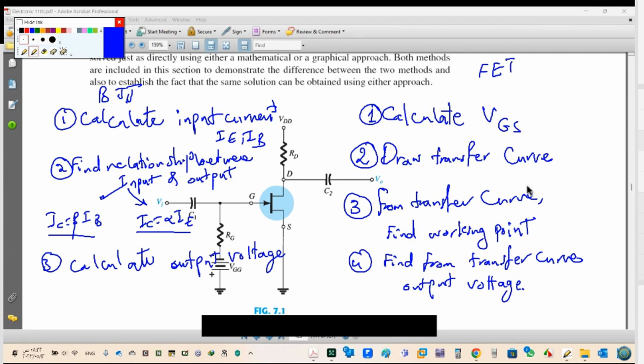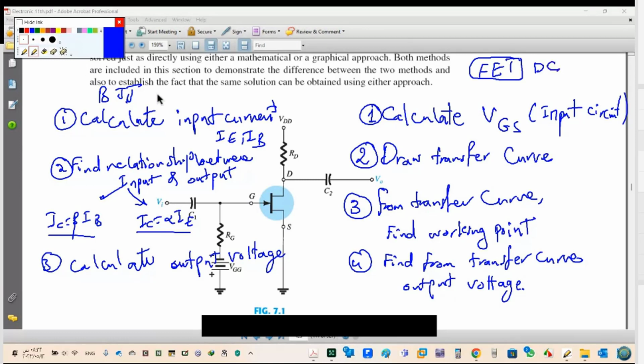So now we will calculate VGS from the input circuit. Let's start with this. These are the steps for FET DC.